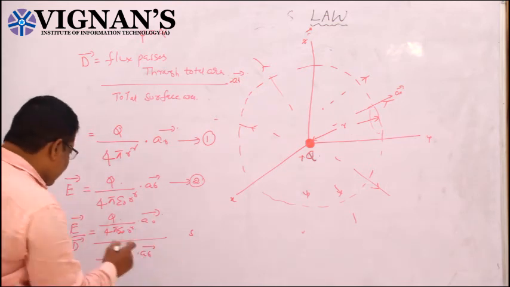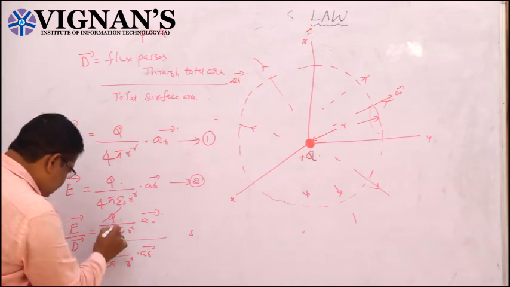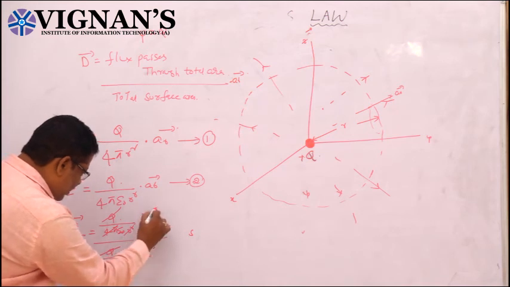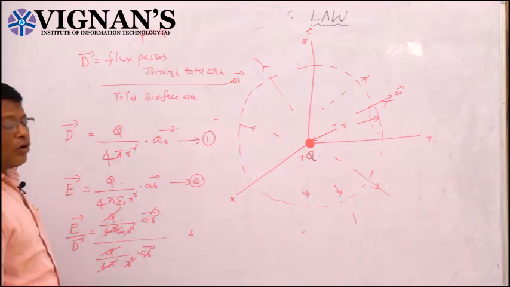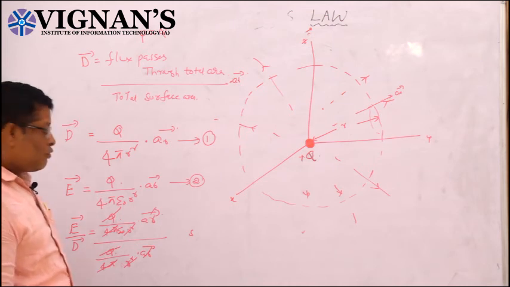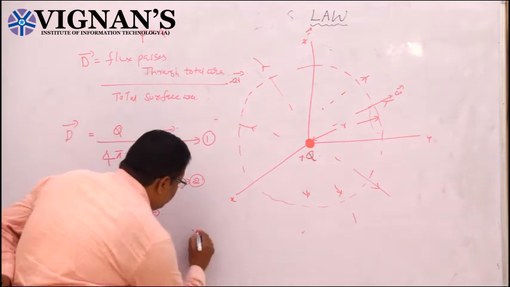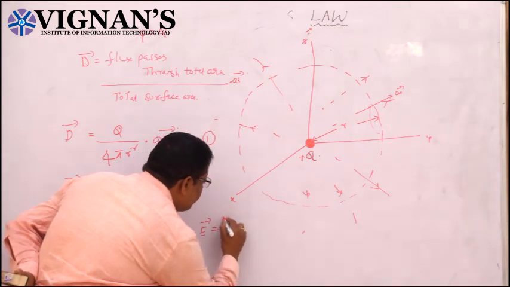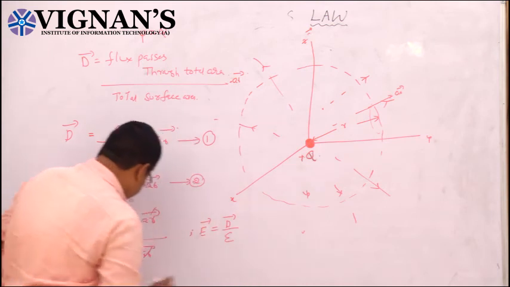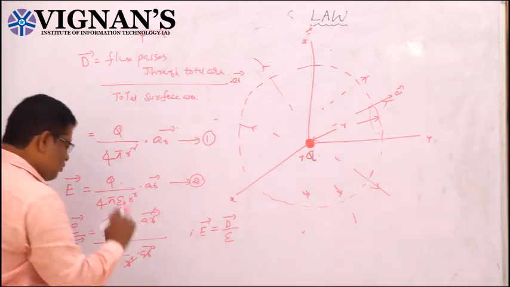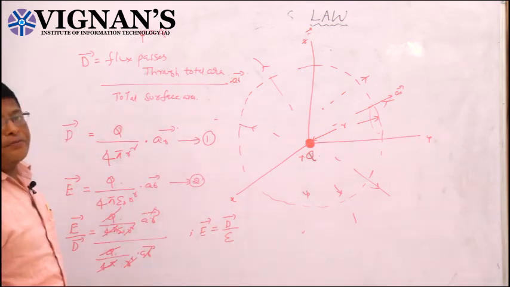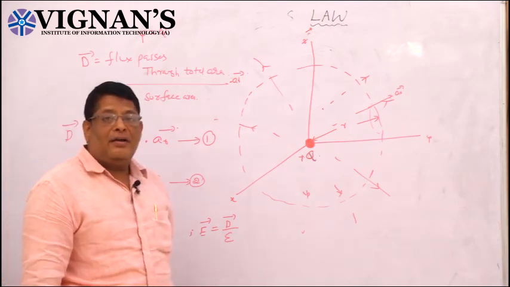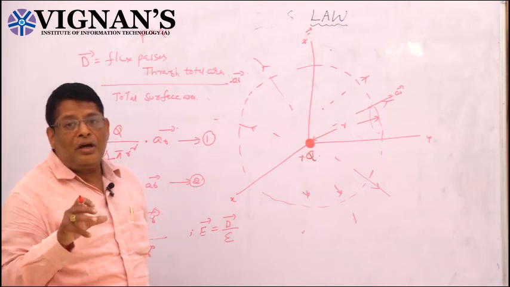Now everything gets cancelled: Q gets cancelled, 4 pi gets cancelled, r square also gets cancelled, a r bar gets cancelled. See here, only one constant is left over, that is E bar equals D bar by epsilon, where epsilon is the permittivity of the material where we are keeping the charge.